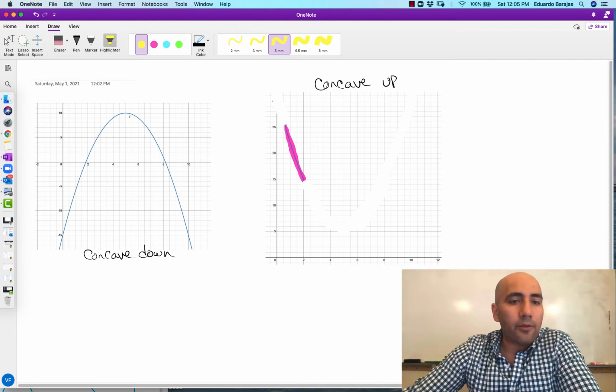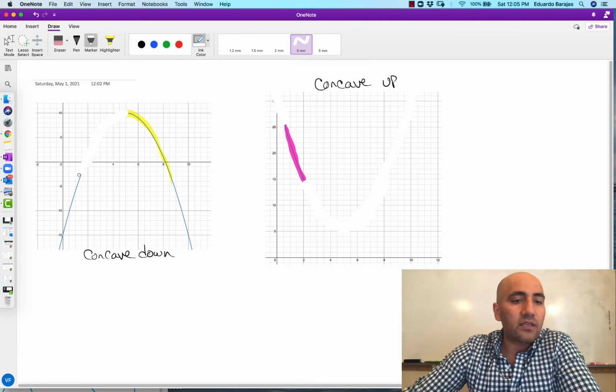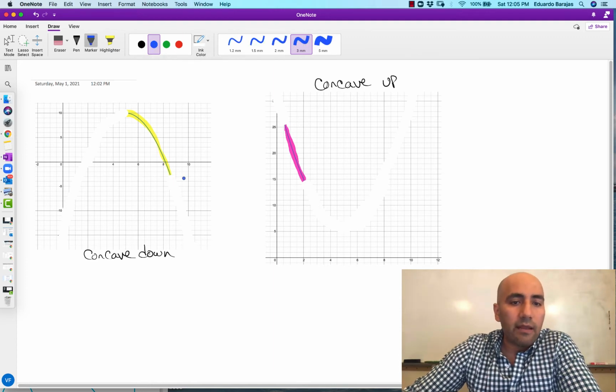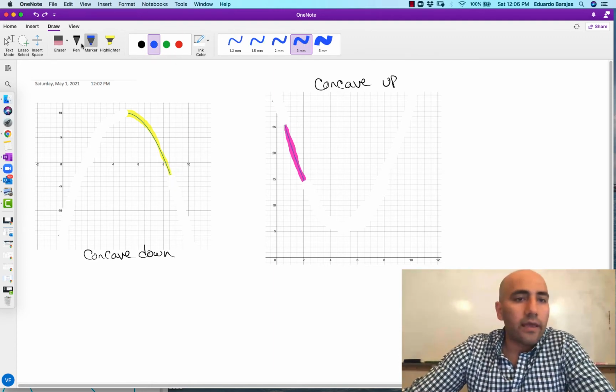Now, it's very popular to give you half of it. Half of it is often going to happen. So you might just be given this part there, for instance, and the rest might not be there, or the graph might be doing something else outside of that. Maybe the rest of the graph begins to do something else.